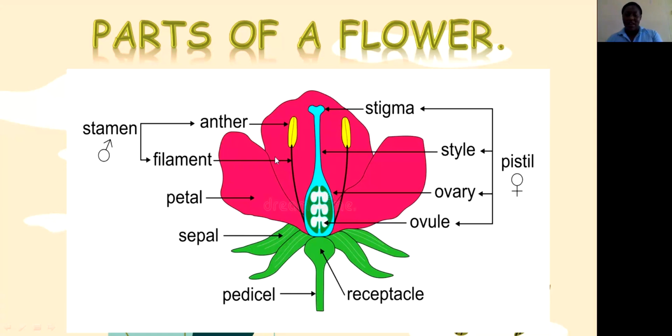Okay, I say that there is a lot to learn about a flower, and next time we are going to learn one by one: the use of anther on flowers, use of stigma, use of style, use of filament, petal, functions of the ovary, functions of the ovule, functions of the stigma.